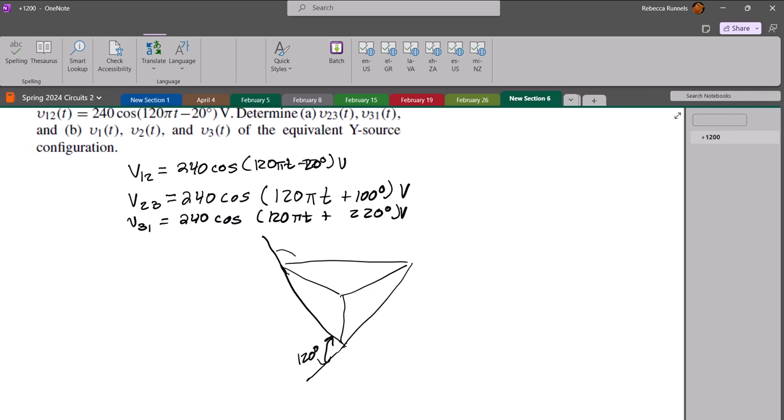And from here to here in my delta, that's 120 degrees. And from here to here is 120 degrees. And so that's where that angle is in the delta. And then in the Y, each of these angles is 120 degrees.